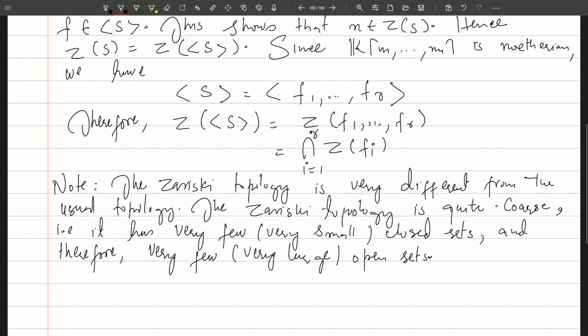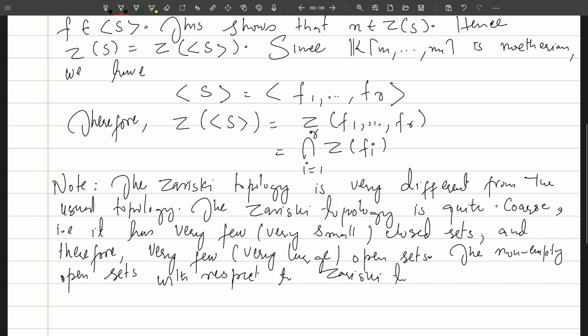So the non-empty open sets with respect to the Zariski topology always meet, and hence it ceases to be Hausdorff.